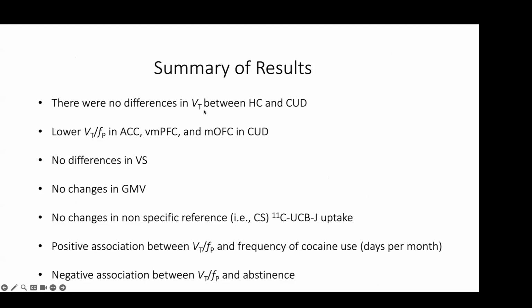No differences for the BTFP in the ventral striatum, lower BTFP in the anterior cingulate cortex, ventromedial prefrontal cortex, and medial frontal cortex. No changes in gray matter volume. No changes in the central semivalley. Positive association between BTFP and frequency of cocaine use. Negative association between BTFP and abstinence.